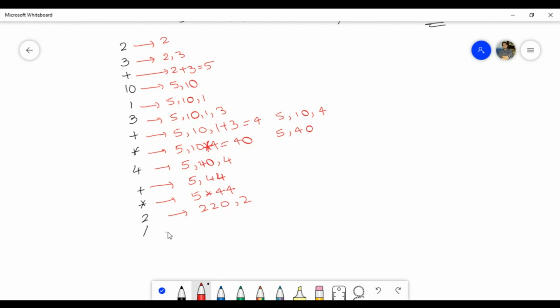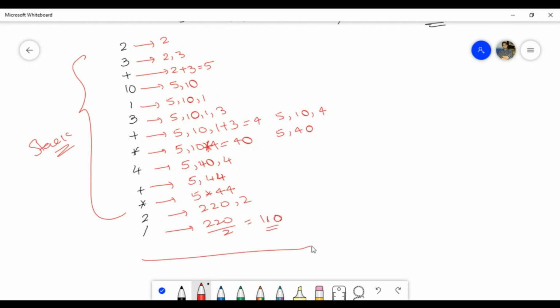Then 220 comma 2, this becomes 220 divided by 2, which is 110. This is the stack. Okay, we got the result of the mathematical expression as 110. This is how we solve it.